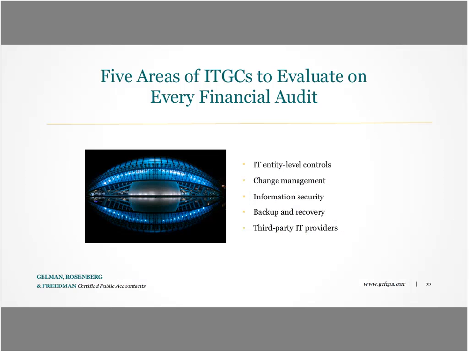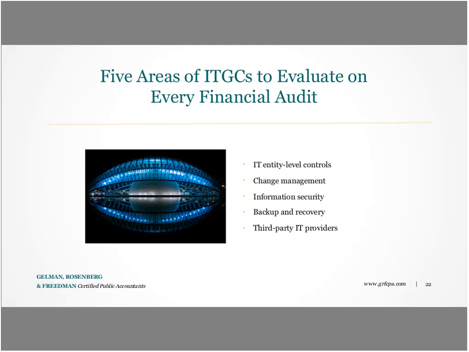So I'm going to discuss the 5 areas of IT general controls which need to be evaluated in every financial statement audit. So there are 5 areas of ITGCs which are identified as the essential areas in the IT space that would need to be examined, even if briefly, by auditors, which are the areas of IT which potentially may introduce risk to the financial statements, which is the risk of material misstatement.